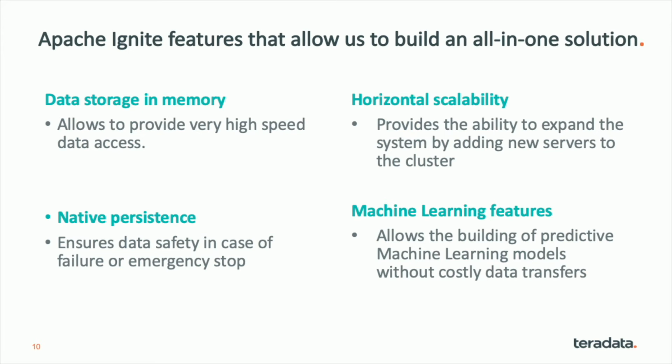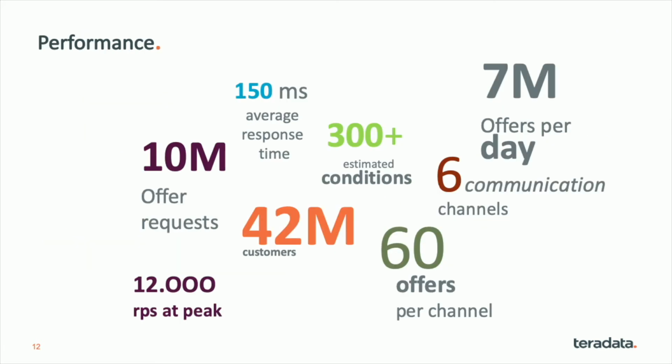So, let's see. Money slide. Yep, I call it the money slide. Regarding performance, we have cool digits. Totally, we have 10 million offer requests a day. What does it mean?